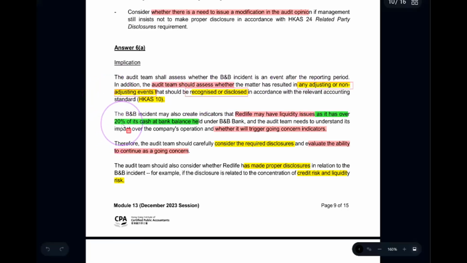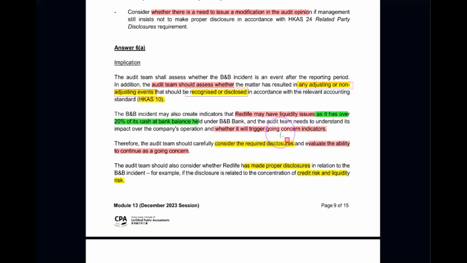Secondly, regarding the case fact, this time the issue here is 20% of its cash balance is held at this bank, which is having a liquidity problem. The bank having a liquidity problem will lead to a liquidity issue for our client. Okay? And you say whether it will trigger a going concern indicator. Going concern is a risk of material misstatement.